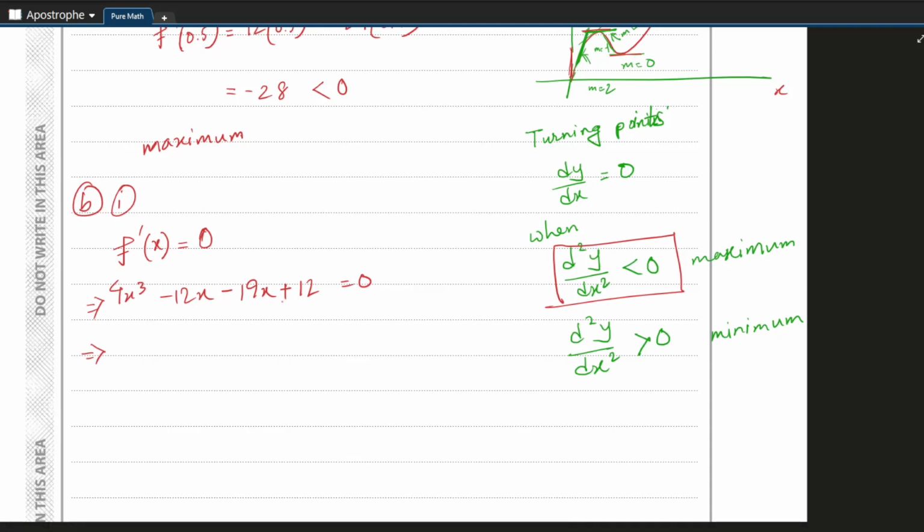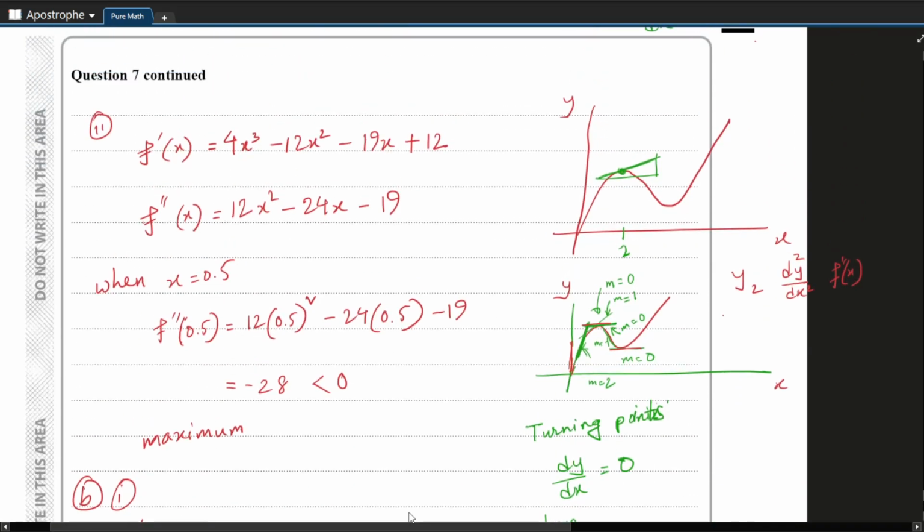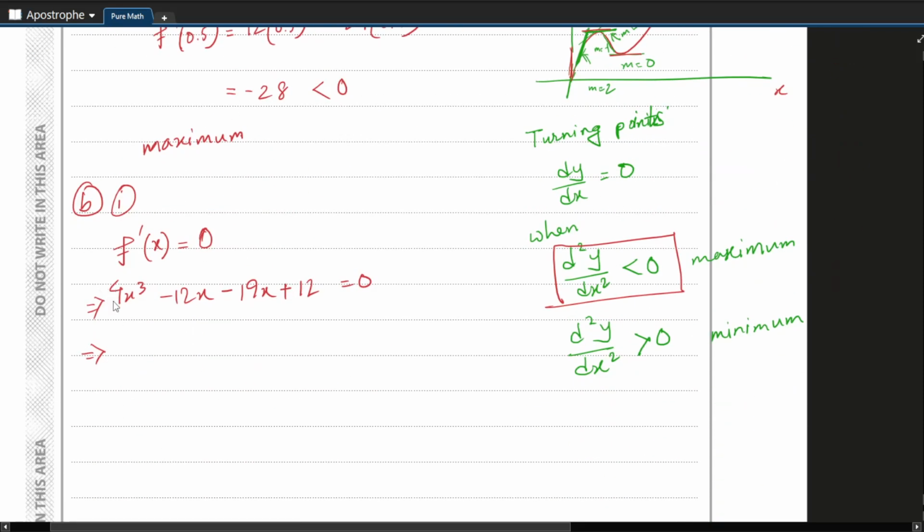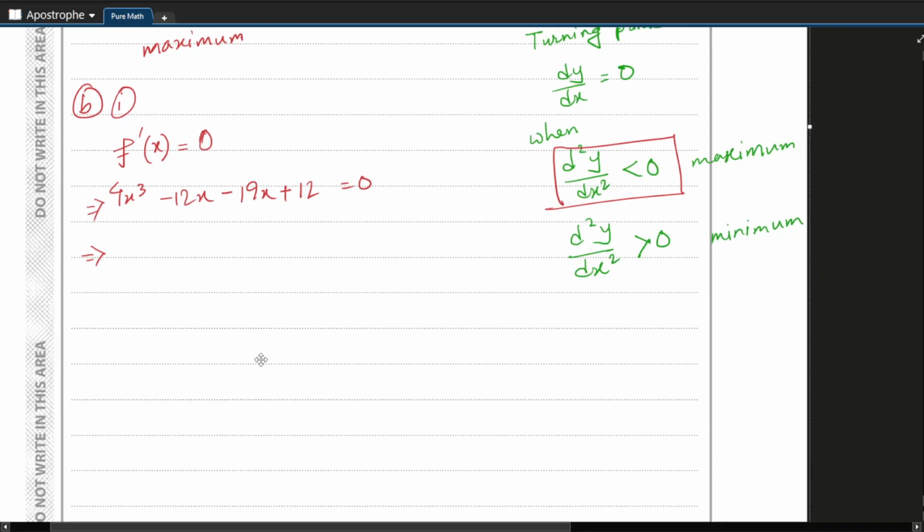So we have to solve this. In order to solve this, we have to factorize this part. Now for factorizing, we have to find one of the factors of this algebraic expression. Usually one of the factors is a factor of this number.